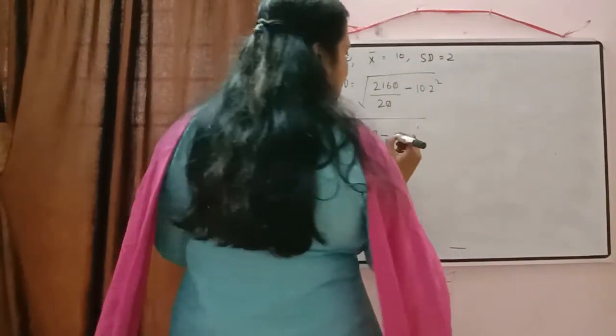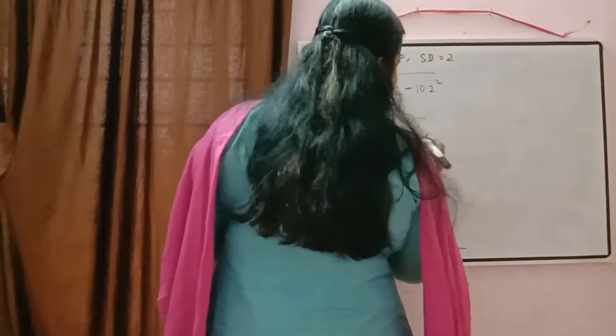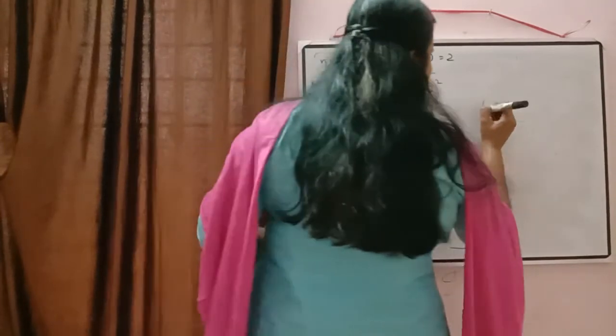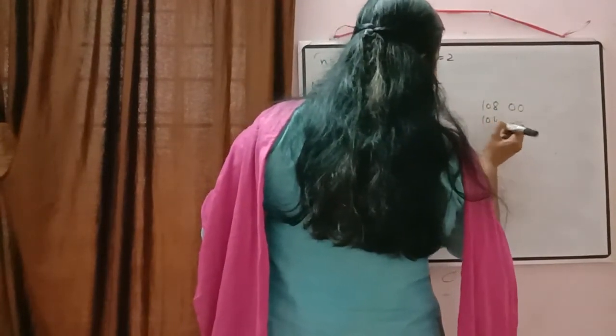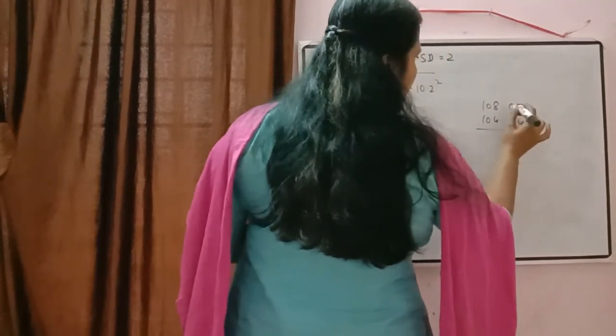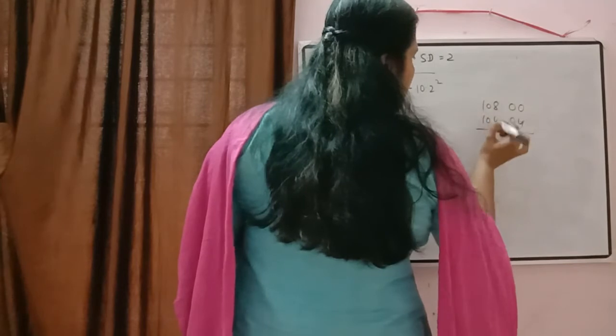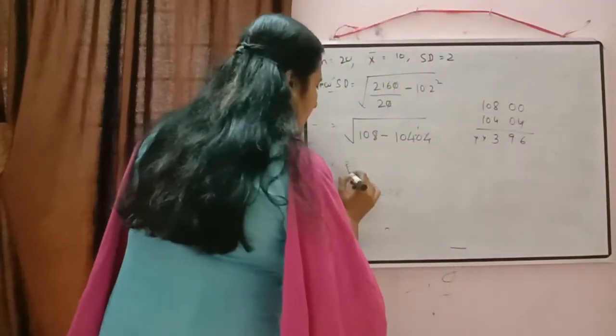I think 10.2 square will be equal to 104.04. Now we can do the subtraction: 108.00 minus 104.04. 10 minus 4, 6. Here 9 will come. 7 minus 4, 3. So we'll get 3.96.